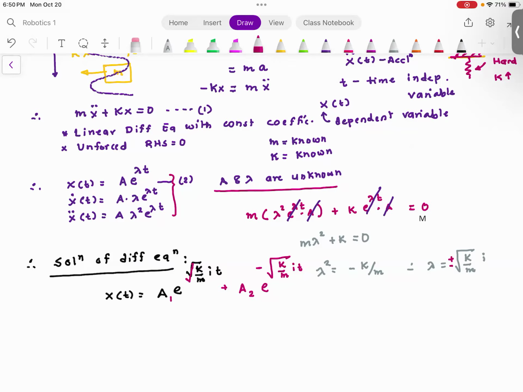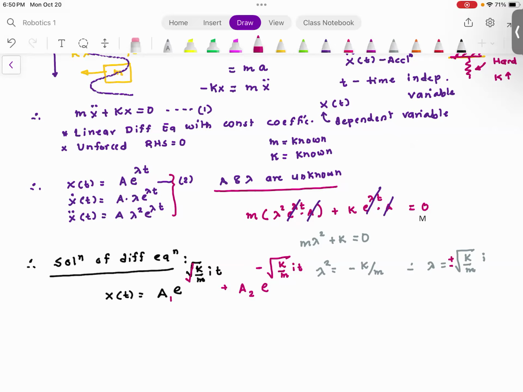So you have to integrate it twice. You integrate it once, you get one constant. You integrate it twice, you get the second constant. So these values, A1 and A2, are nothing but the constants of integration.